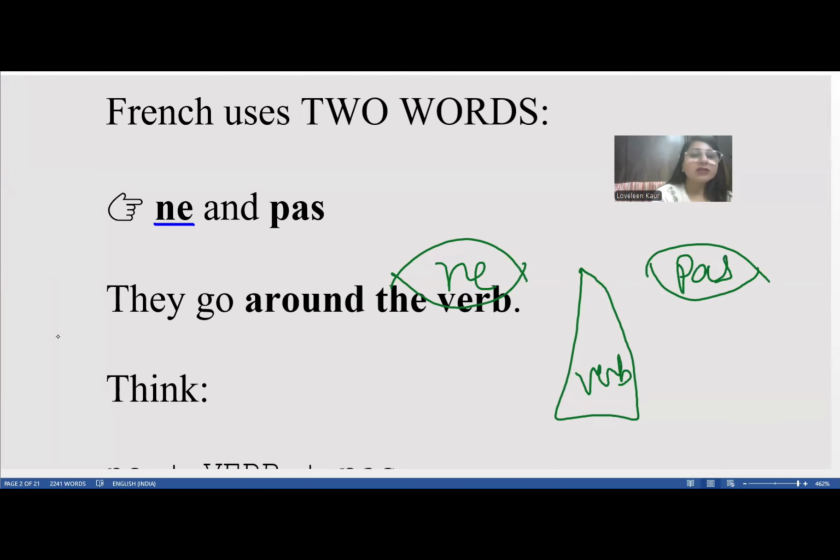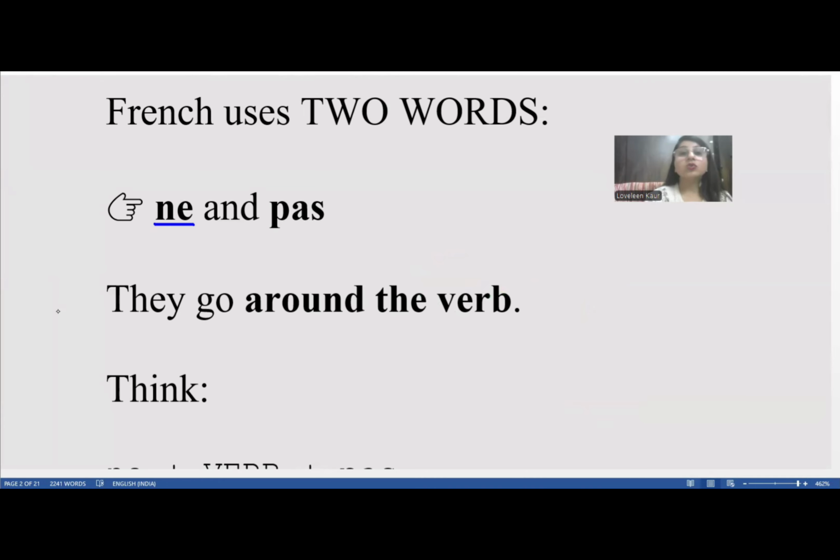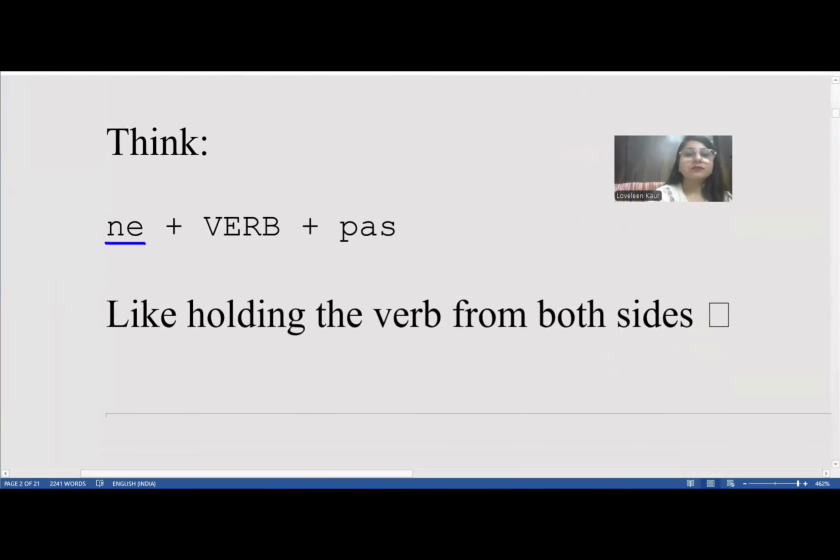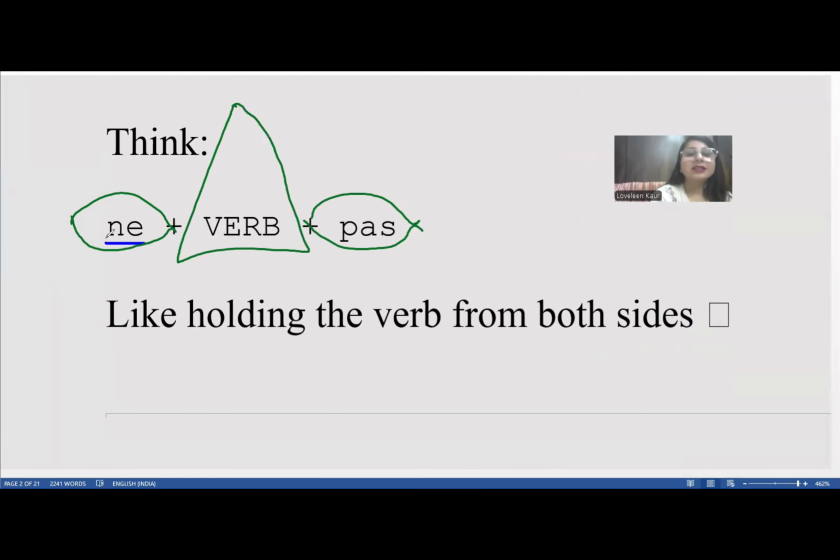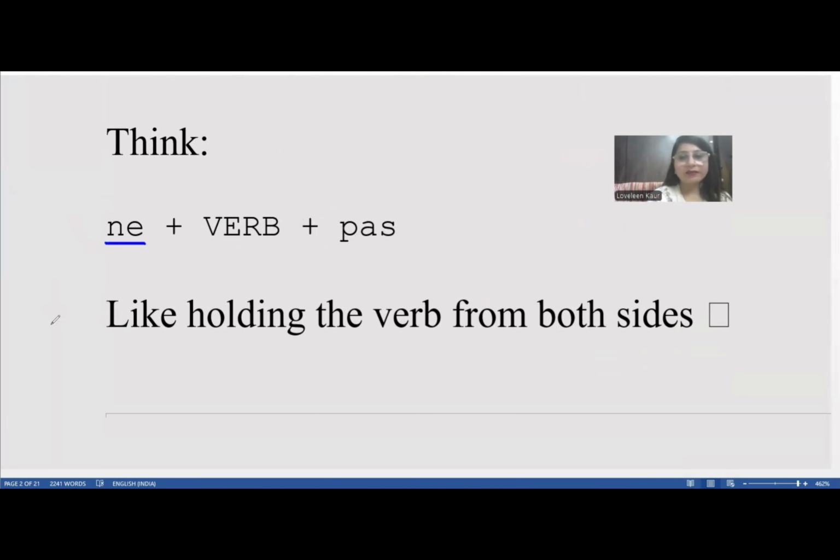So you can imagine, ne and pas go around the verb always like this. So these two words go around the verb. So this is a general way to make the sentence negative, right?